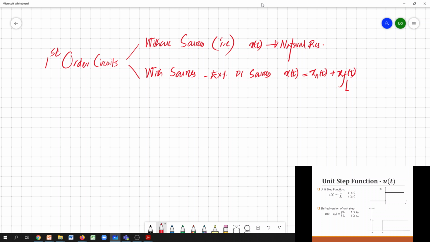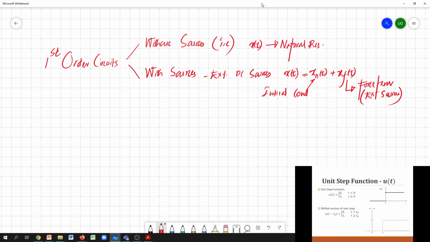The forced response basically comes from the forced term, and this forced term is governed by the external sources. The natural response similarly gives the contribution of the initial conditions of the circuit.